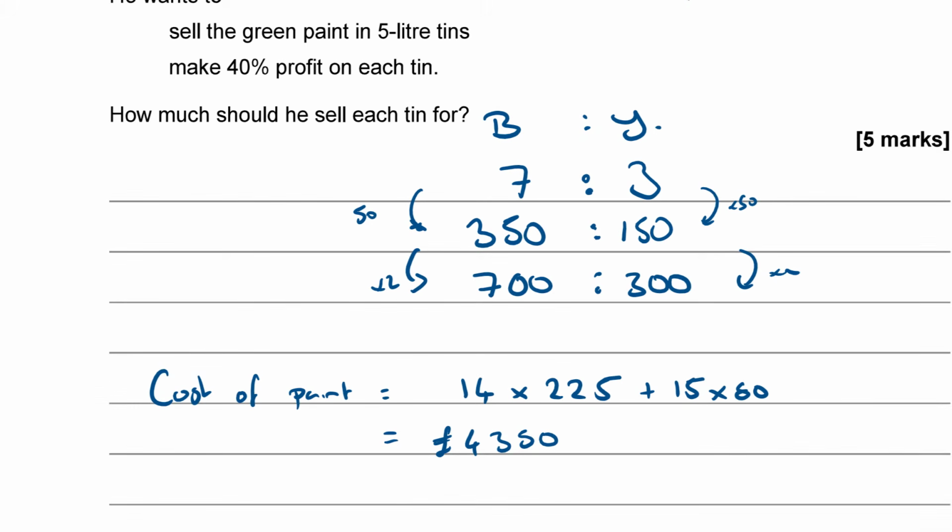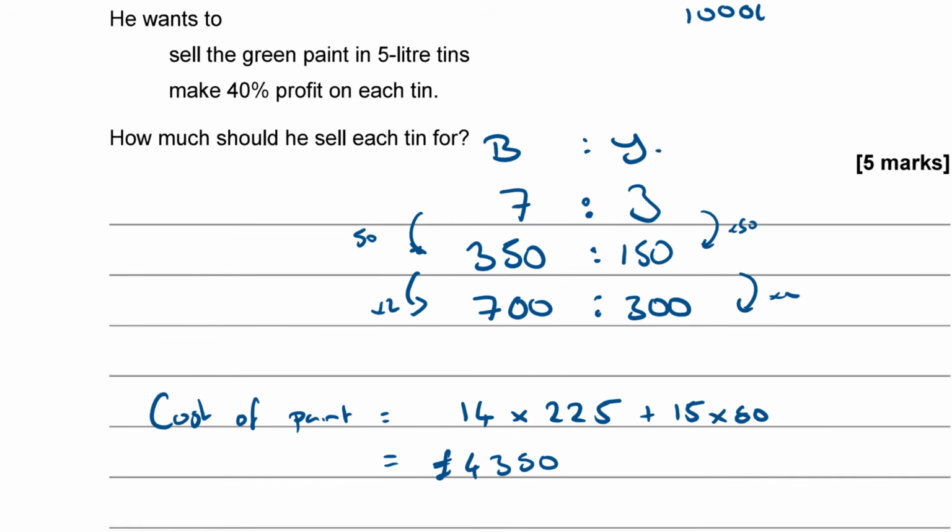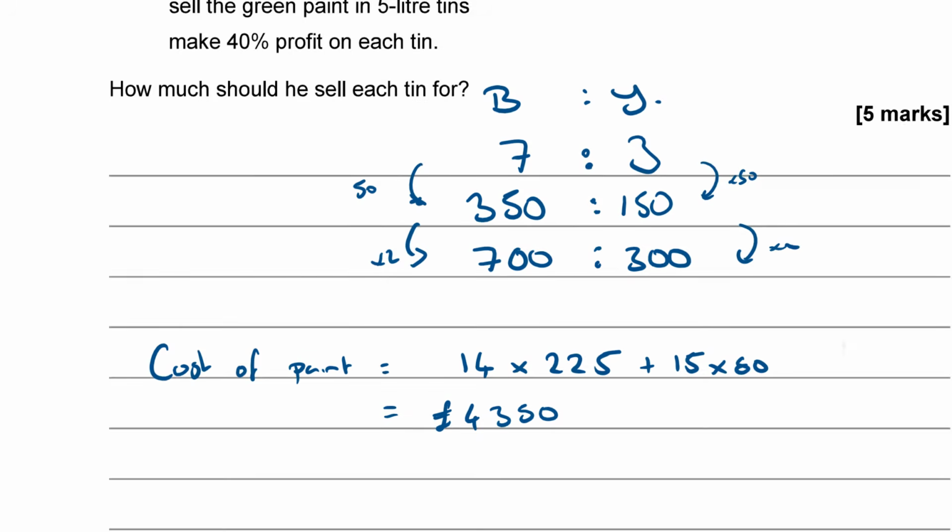Okay, so he wants to sell the green paint in 5-litre tins. So paint then, 700 litres and 300 litres gives us 1,000 litres. How many 5-litre tins can we fill?